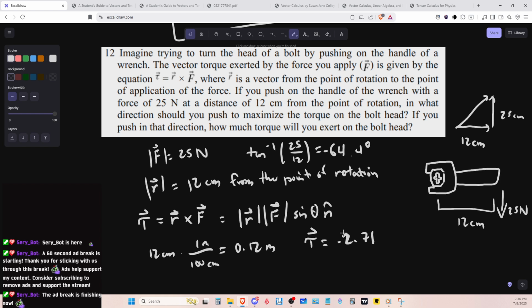I think it's because it's going below the horizontal that it's calculating a negative number in this case. We're also doing it from a negative angle because it's below the horizontal.